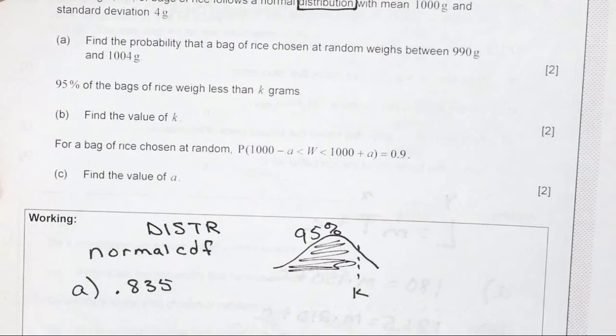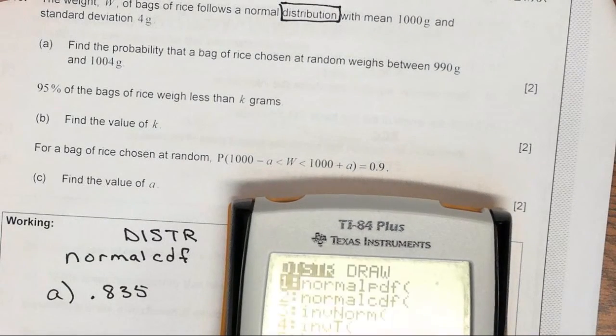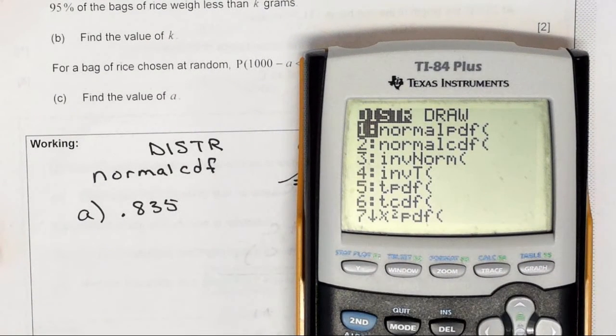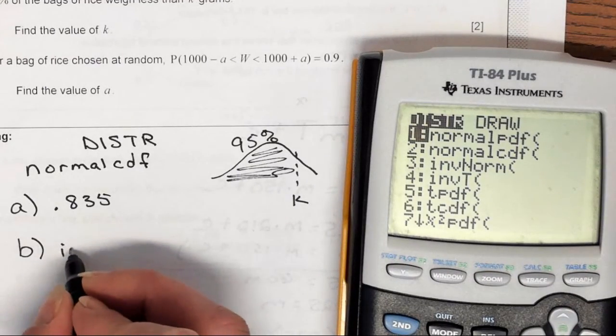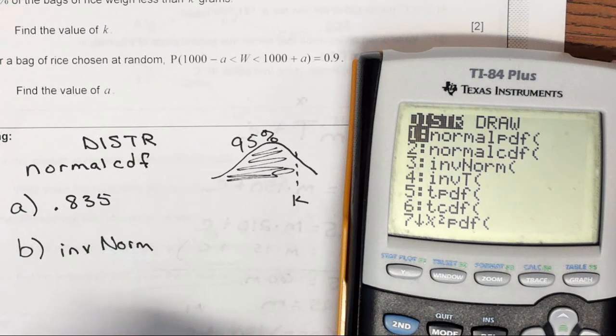All right, so we're going to go back into the distribution. And this time we're given the percentage, so we're doing the inverse operation. It's the inverse of the normal.